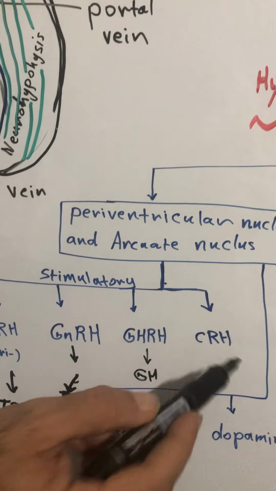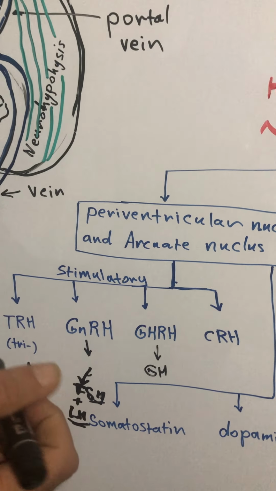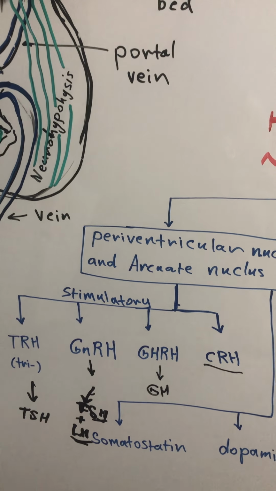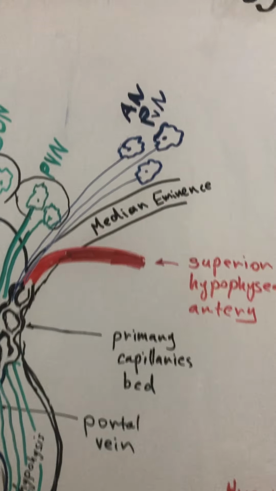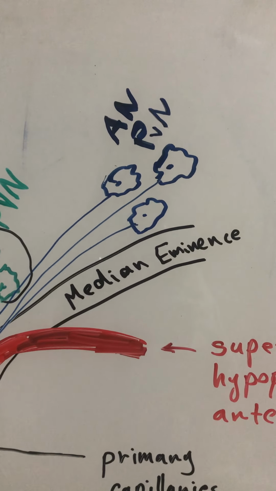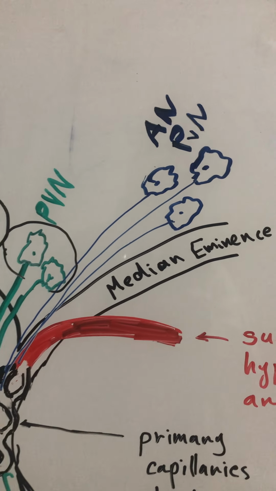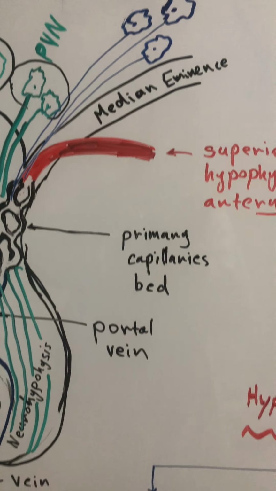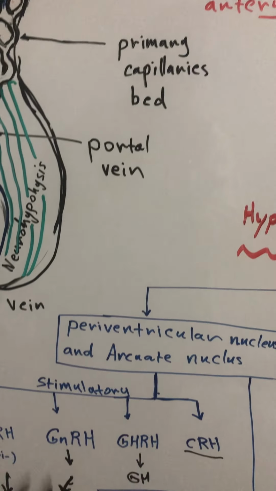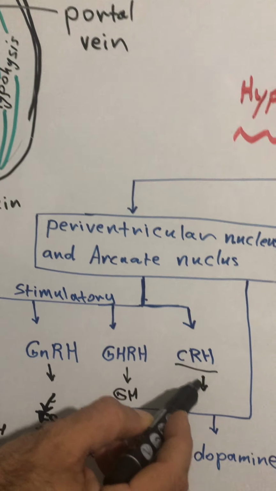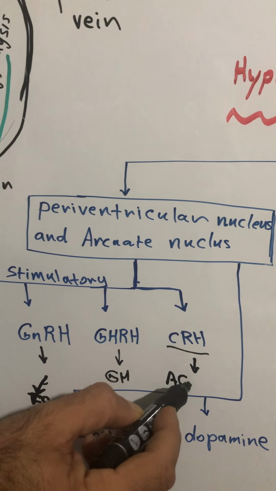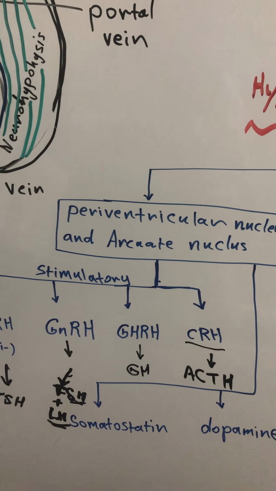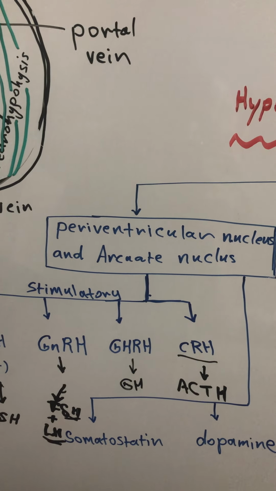And the fourth one is the corticotropin releasing hormone that is released by the hormone secretory neurons in the arcuate nucleus and perivertebral nuclei and affect the corticotrophs in the anterior pituitary gland to release what is known as adrenocorticotropic hormones that will later stimulate the suprarenal cortex.